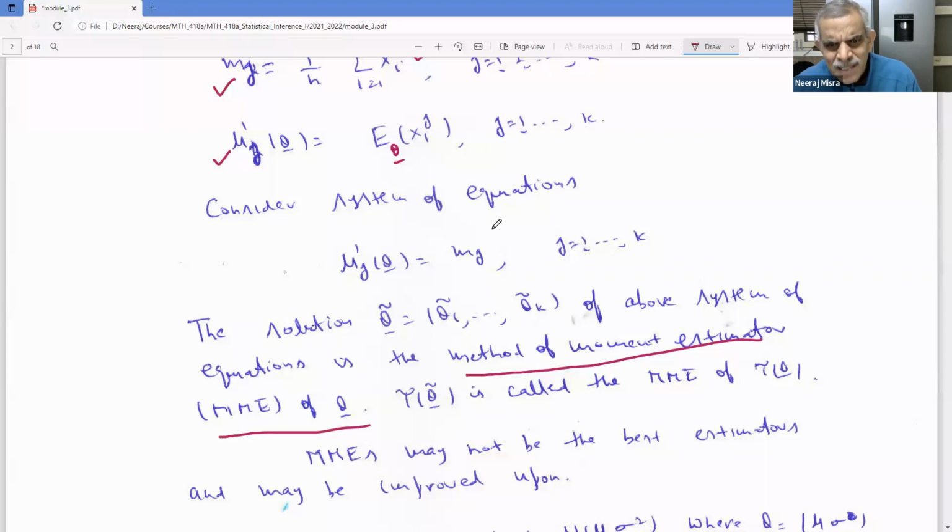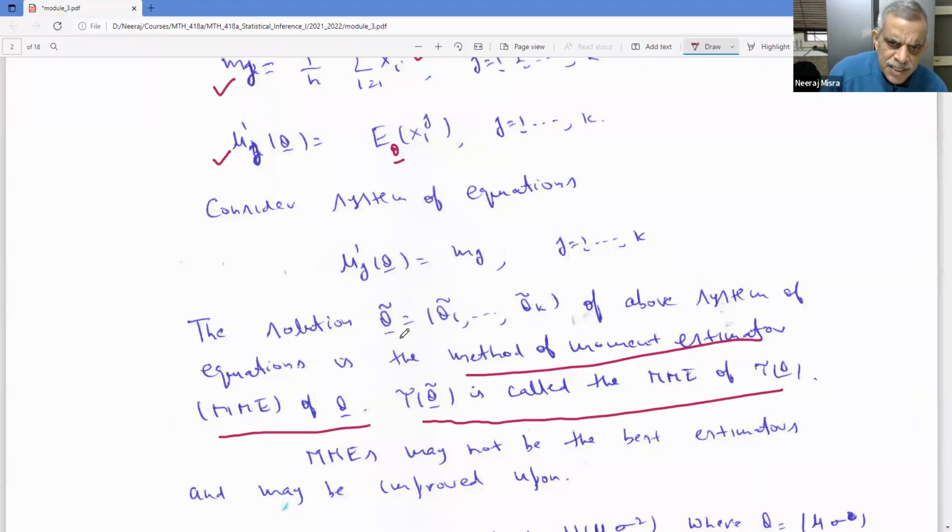There are certain issues. Sometimes this system of equations may not possess any solution. But mostly it would possess one, and then whatever estimator I get by solving it is called the method of moments estimator of tau theta. So first I obtain the method of moments estimators of theta 1, theta 2, ..., theta k, and the method of moments estimator of tau theta is taken as tau of theta tilde, where theta tilde is the method of moments estimator of theta 1 tilde, theta 2 tilde, ..., theta k tilde.